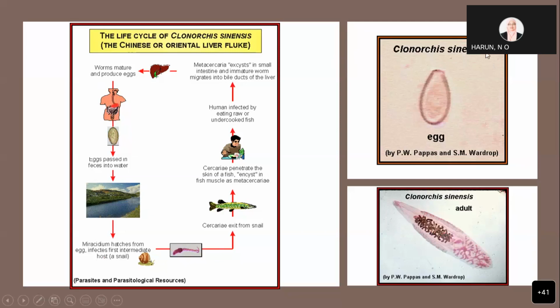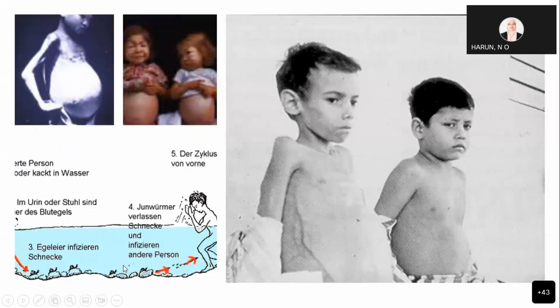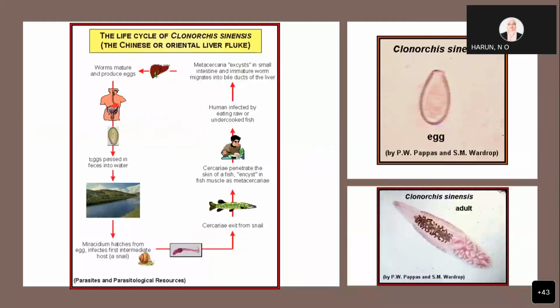Okay. Clonorchis sinensis, this is how the eggs look, by Papas and Wardrop. And this one is the adult stage. Have you ever seen fly eggs? Roughly that small, or even smaller.